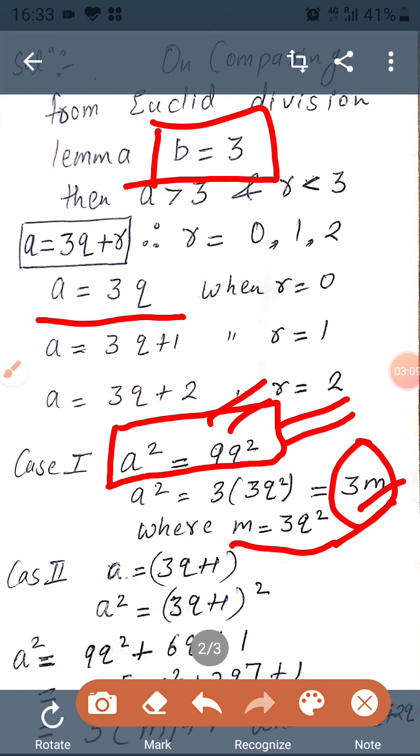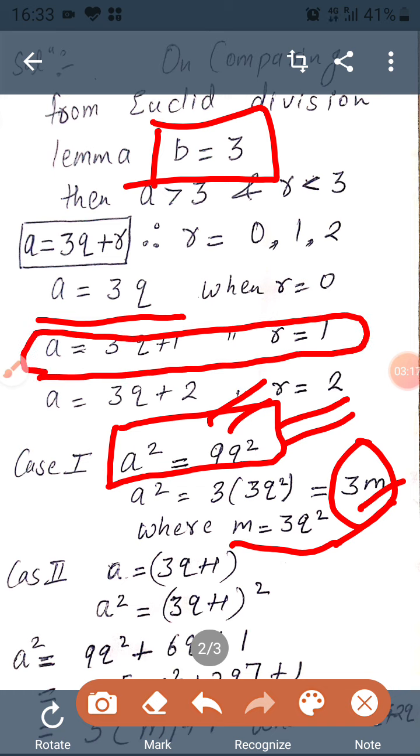Now for case 2, a is equal to 3q plus 1. On squaring, we will get a square is equal to 3q plus 1 whole square. On solving this, we will apply the a plus b whole square formula: a plus b whole square is equal to a square plus 2ab plus b square.